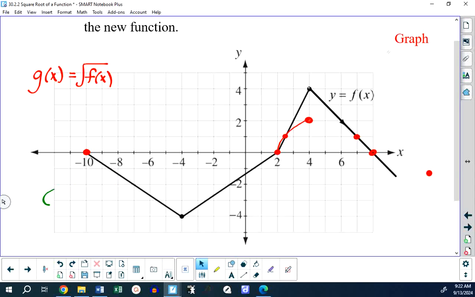Resist the temptation to make it smooth through this point at y equals 2, because the slopes of these two lines are different, so the curves will meet at a point. Okay? So what it's going to look like is something like that. That's the function.